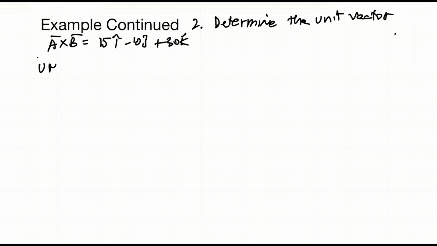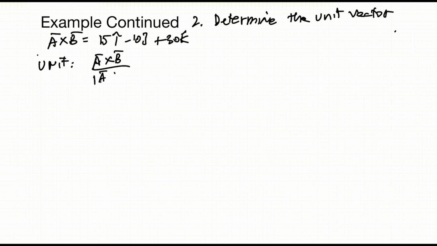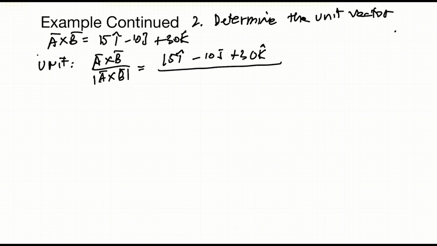Now unit vector, the way it's written is A cross B divided by the magnitude of A cross B. So it just leaves the direction because you're dividing out the magnitude. Okay, so in the numerator here we've got 15i minus 10j plus 30k.